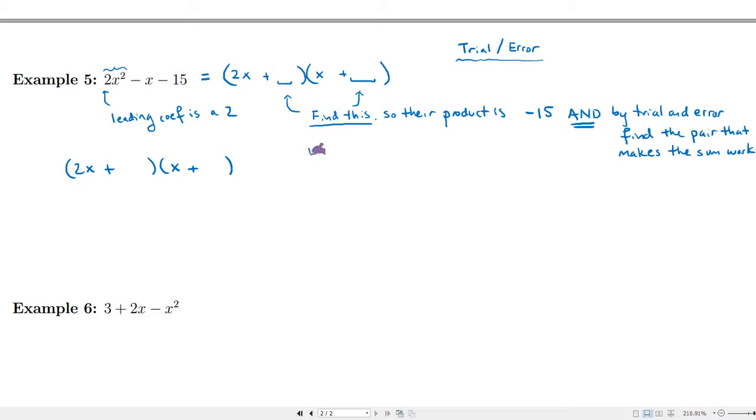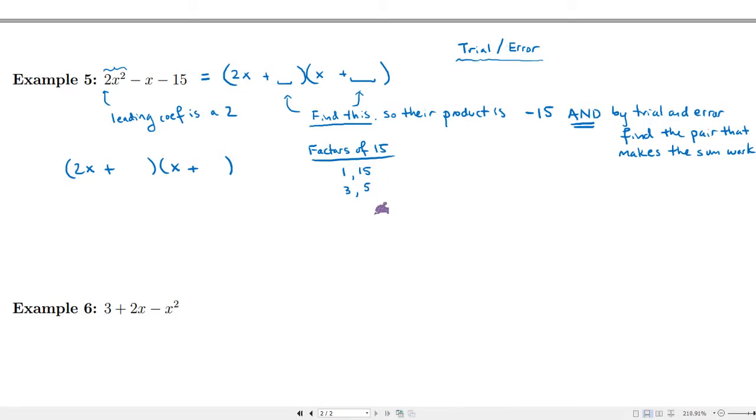So factors of 15. Now, this is a negative, right? So in the end, we actually know one of them is going to be a negative and one of them is going to be a positive, and we have to figure that out, right? So factors of 15, 1 and 15, 1 times 15, right? What else do we have? Well, 3 and 5.